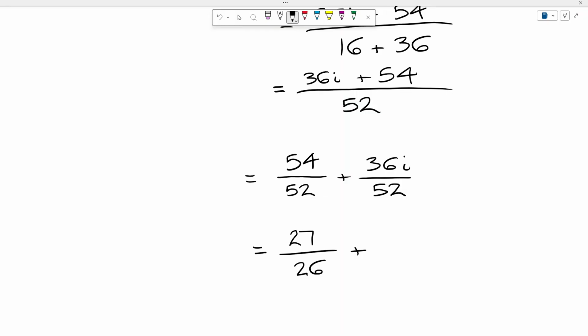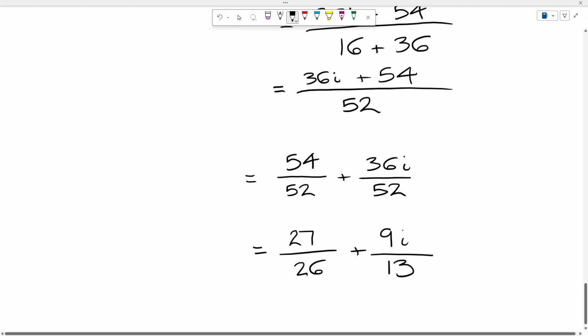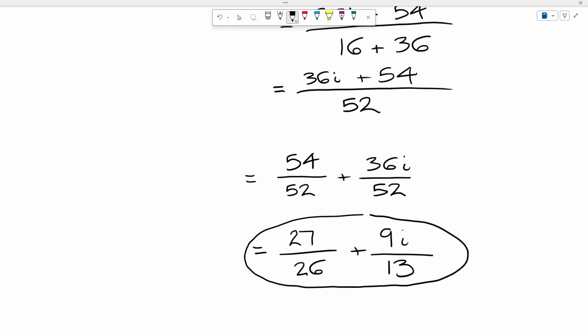So let's divide by 4. 36 divided by 4 gets us 9i, and 52 divided by 4 would get us 13. It looks like those are both simplified as far as we can go. So simplified, this will be our final answer: 27 over 26 plus 9i over 13.